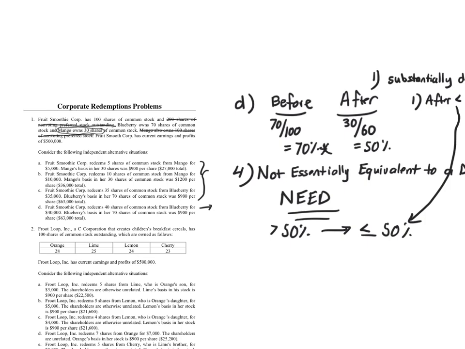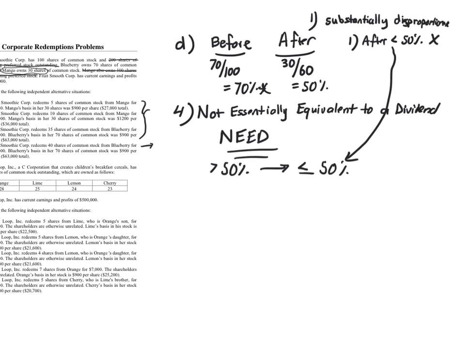They still have the ability to vote, but not to control. So that means that we meet not essentially equivalent to a dividend, and this is going to be treated as a sale or exchange, not a distribution.